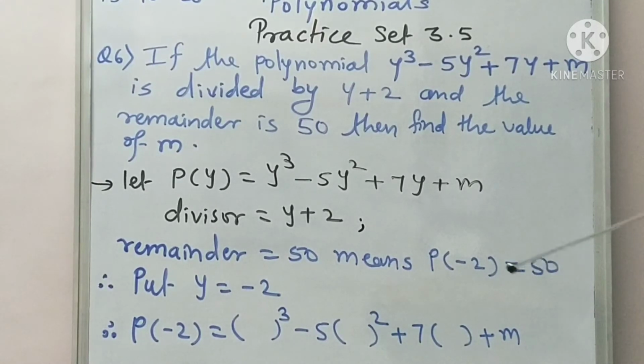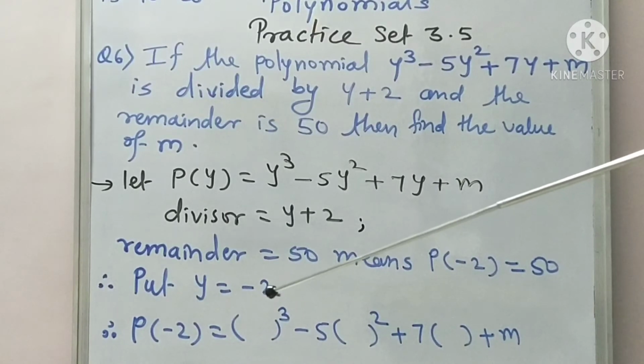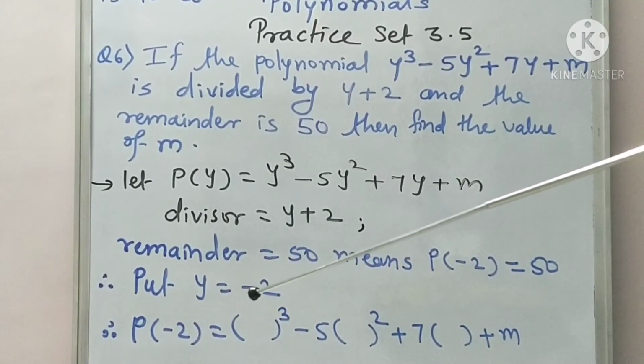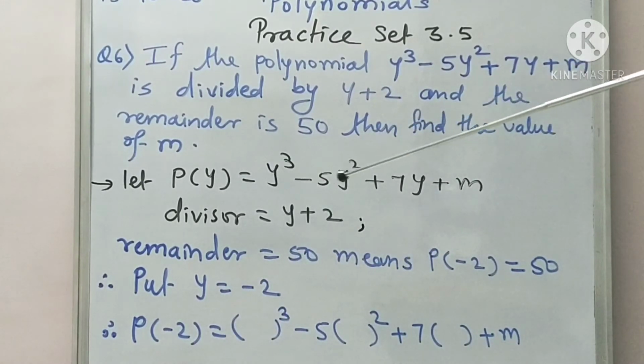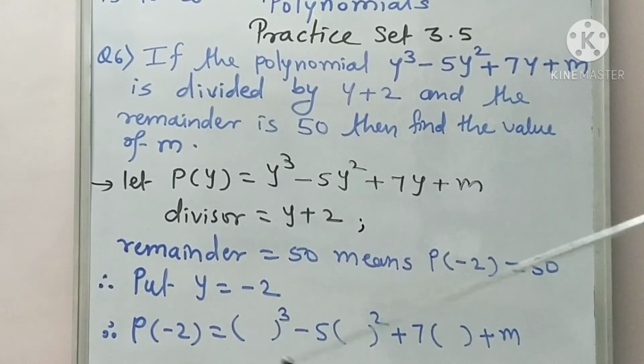Therefore we put y equal to minus 2. In this polynomial, we put y equal to minus 2, simplify it and compare it with 50, and then we get the value of m. Okay, so pay attention over here.